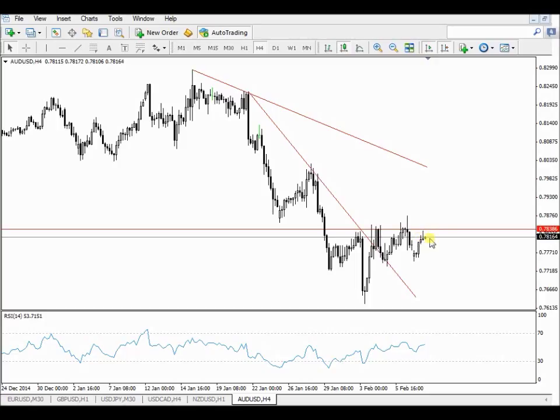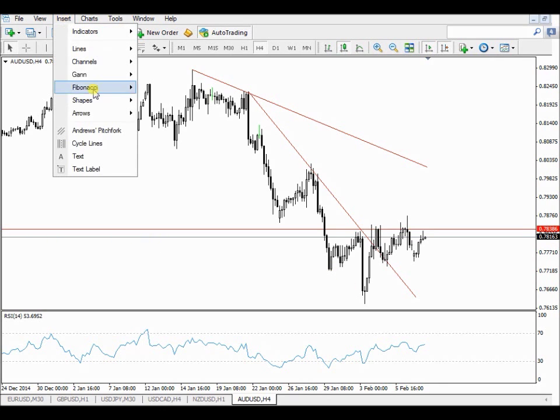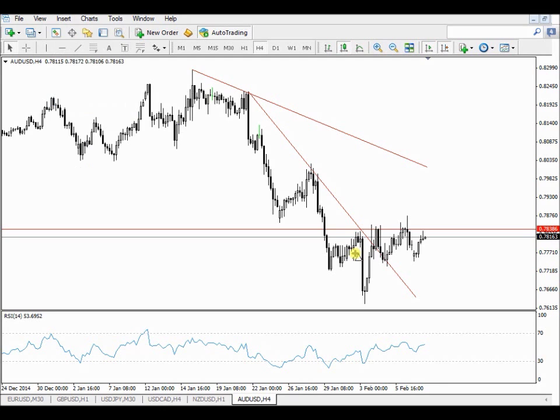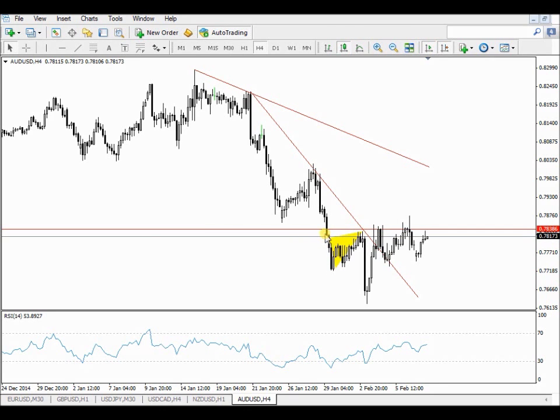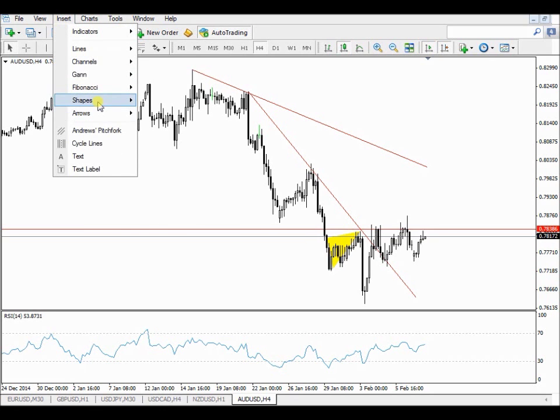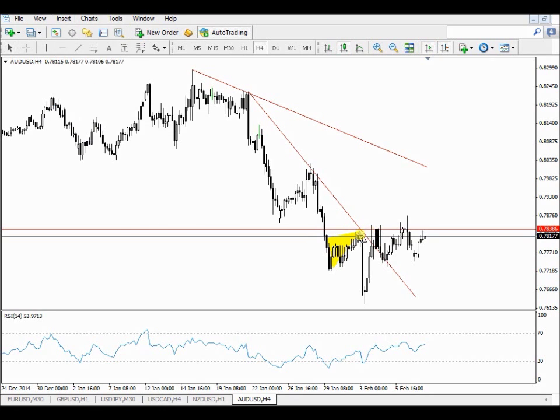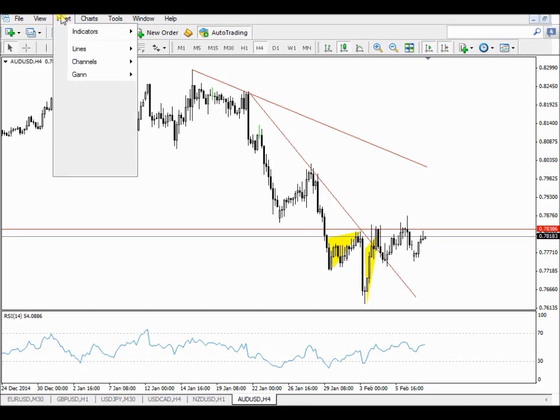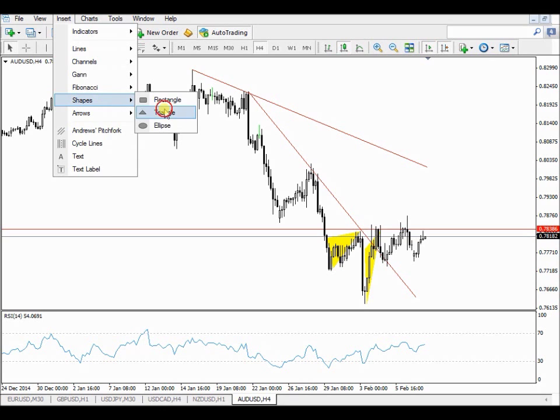But look what is happening at this moment. We've got some sort of a left shoulder here. Can you see that? You can see that left shoulder there, and you can see some head here, and you can see some sort of right shoulder here.